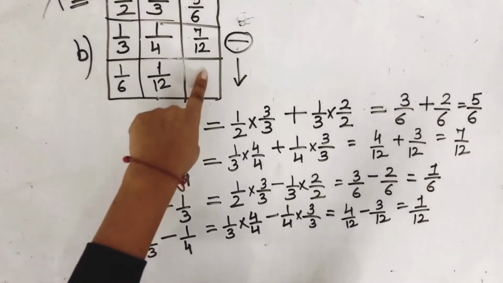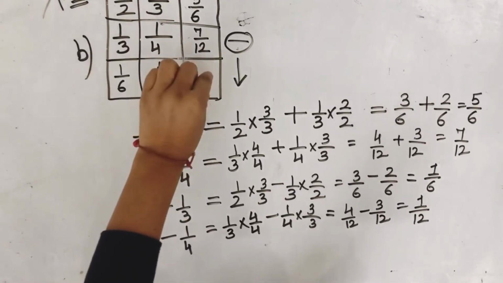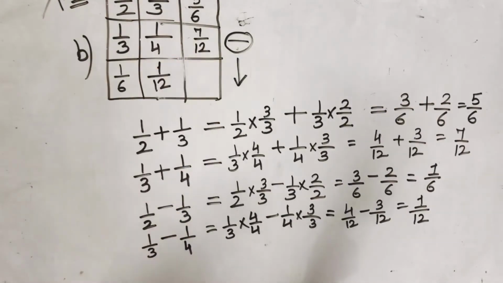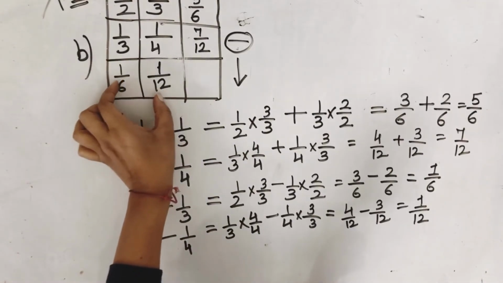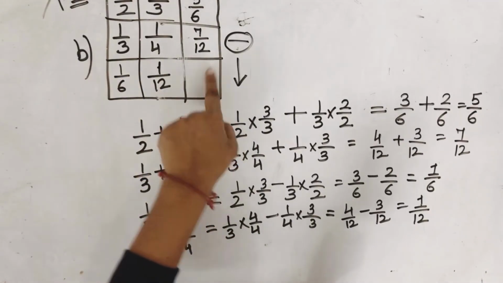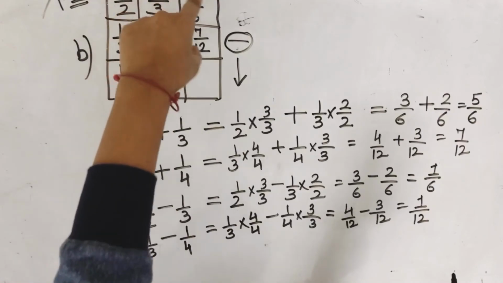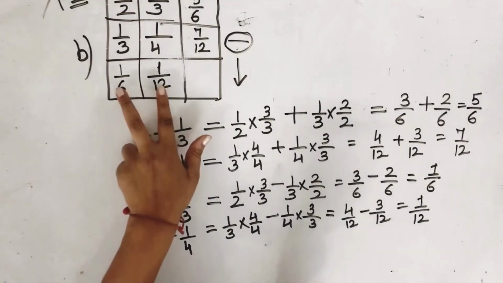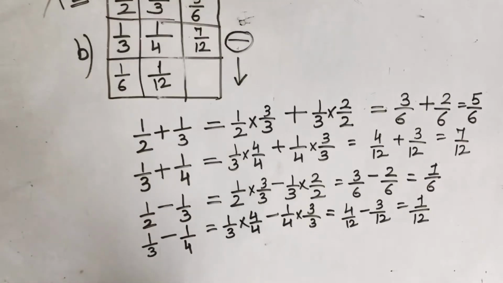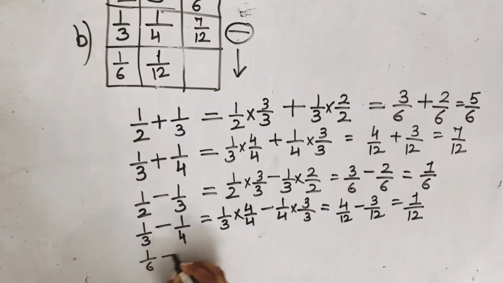Now only one box is left. Now you can solve this box by any method. Either you can add these two fractions, you will get the answer, or you can subtract these two fractions and get the answer. Now I am adding these two fractions. 1 by 6 plus 1 by 12.